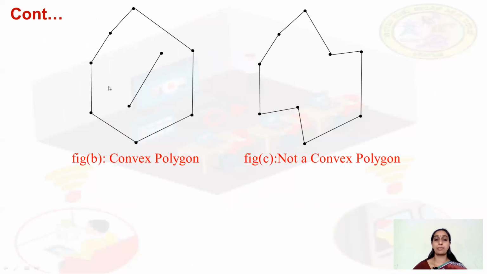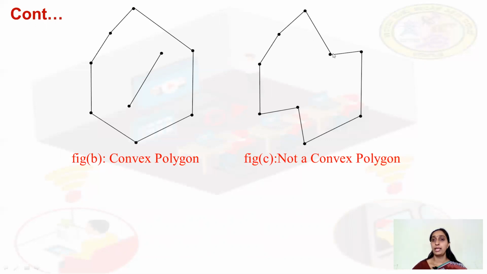For example, you can see here we are given a set of points. In figure B, I have constructed a polygon where all the points are outside the polygon. Here you can see this is not a convex polygon because these two segments are entering inside the polygon.